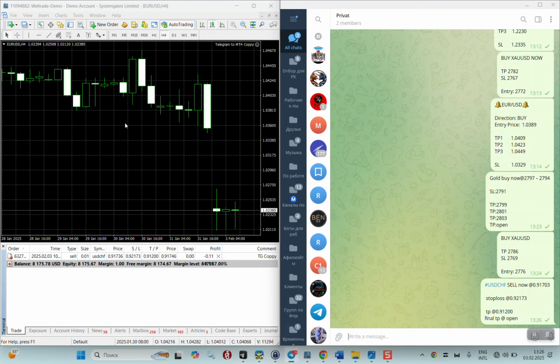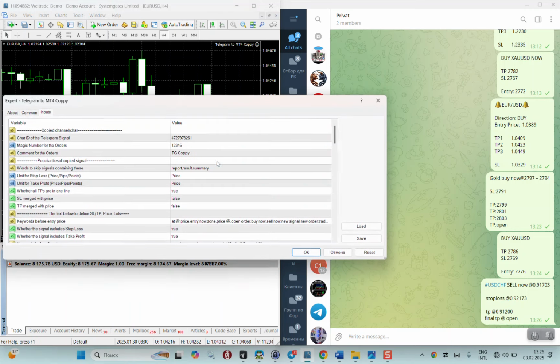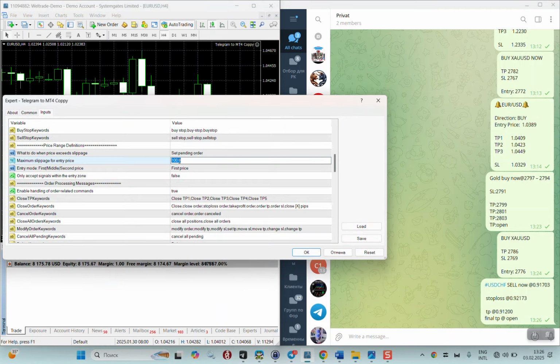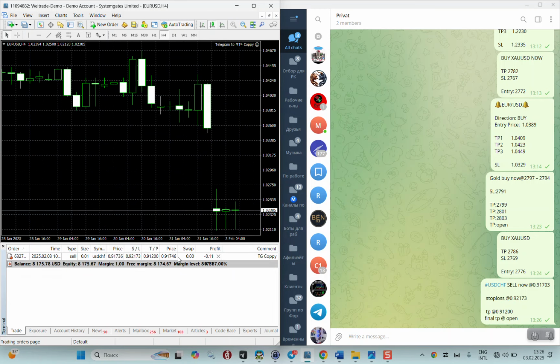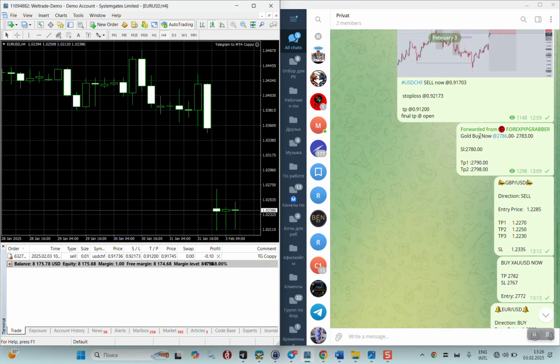We have settings like slippage here, 100 points, 100 pips, sorry, and if the price is in this range, the order will be opened like market. Okay, this is good. First order is good.